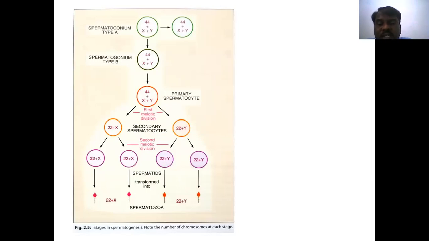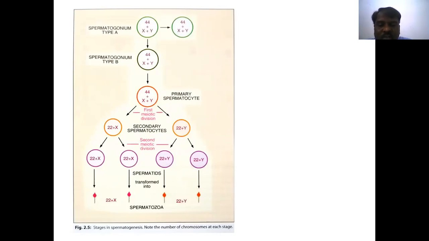When the first meiotic division starts, it divides into two equal parts. But remember, in the ovum the parts are not equal: there is a large cell and a small cell, the polar body.